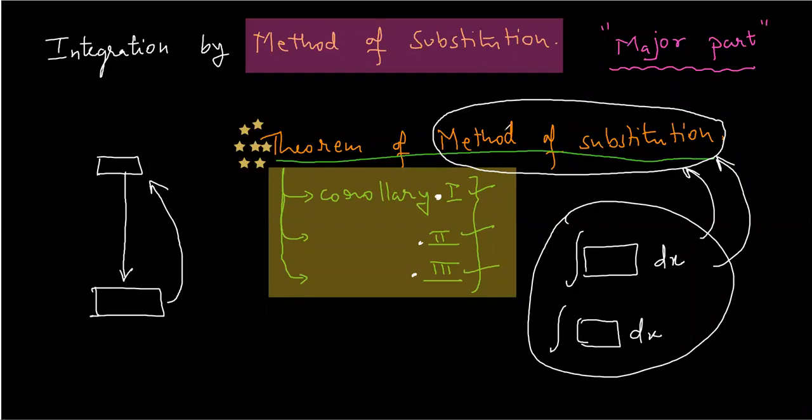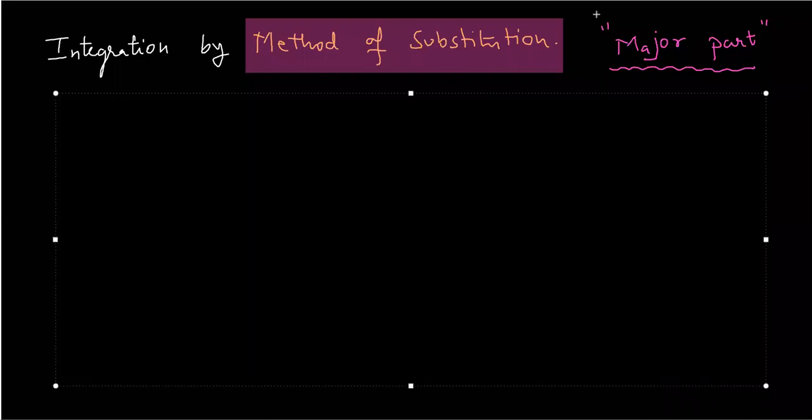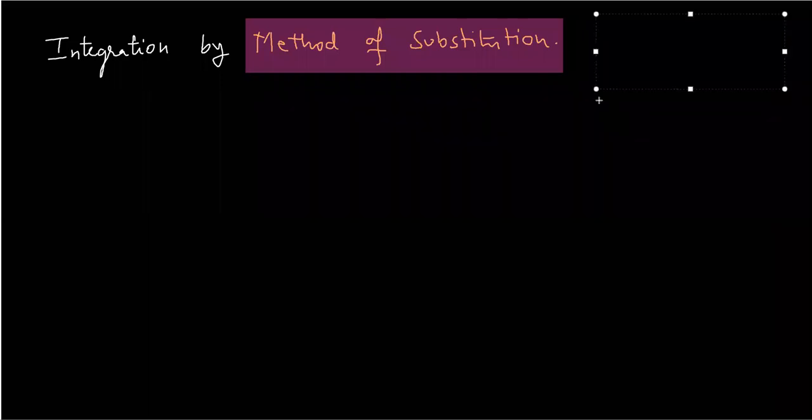I do not deny that I should actually be going in order this way. But then the topic will become too theoretical, and the main motive that we have, to solve the problems faster, will be lost. So in order to make things look very easy, we will go by the corollaries first.